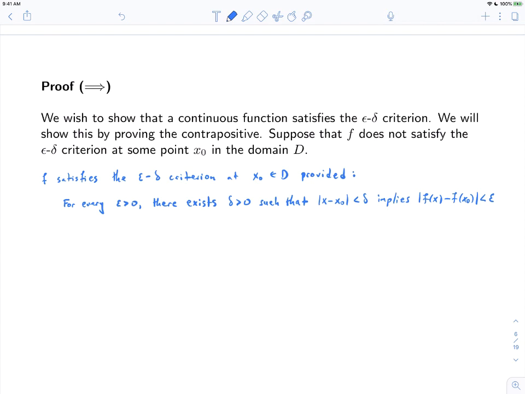And so I want to write it out as a logical statement using symbols. So this criterion here can be translated into logical symbols by saying that for every epsilon greater than 0, there exists a delta greater than 0 such that the condition on the inputs, x minus x naught less than delta, implies the condition on the outputs.